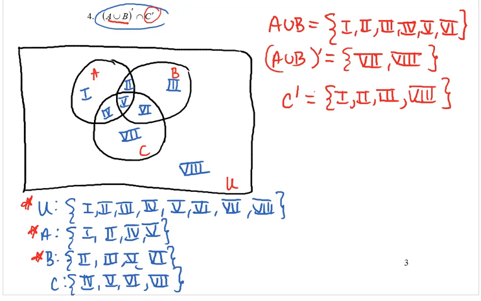Now let's intersect C complement with the complement of A union B. So the intersection is going to be common elements. So A union B complement intersect C complement. Well, both sets, if I compare them, have 8 in them. They both have region 8.